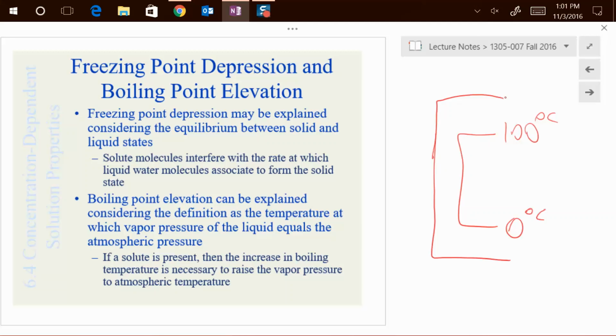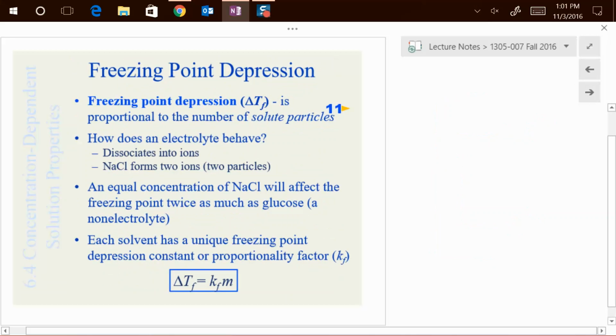And we can actually calculate the change that's going to occur, and determine what the new boiling point or the new freezing point should be. To do that, we use these very simple equations.